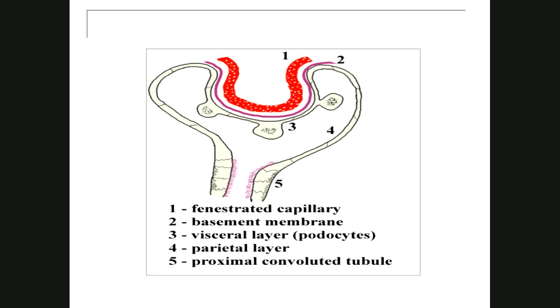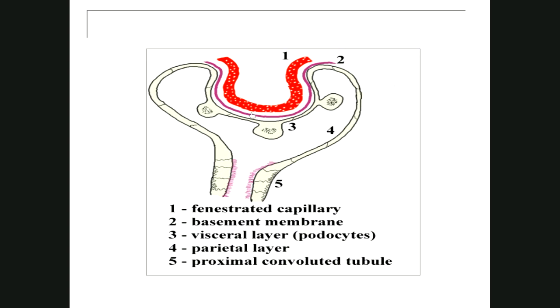In this picture, you can see the filtration membrane. I talked about this filtration membrane before for you. In the first part, we have the fenestrated capillary. The fenestrated capillary is capillary type 2. We have some pores or fenestrations in the endothelial cells, but we have the complete basement membrane around this capillary.